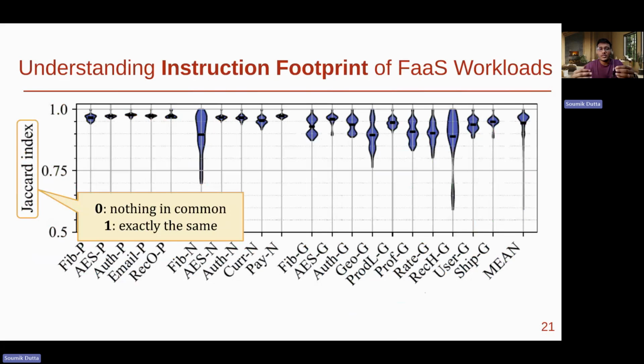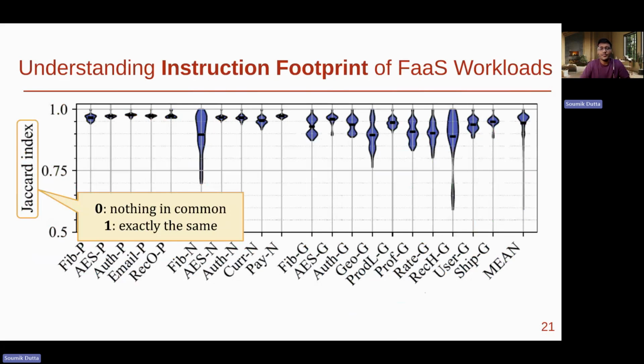They performed this experiment for the instruction footprint of each FaaS workload. So 0 means nothing in the instruction footprint is in common in multiple runs of the same function, and 1 means the instruction footprint matches exactly for the multiple runs of the same function.